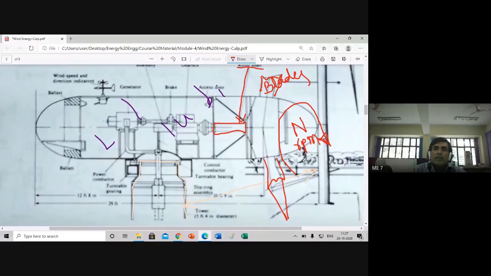It is rotating with an RPM. This is the hub. It is attached with this rotor, so the shaft also rotates.